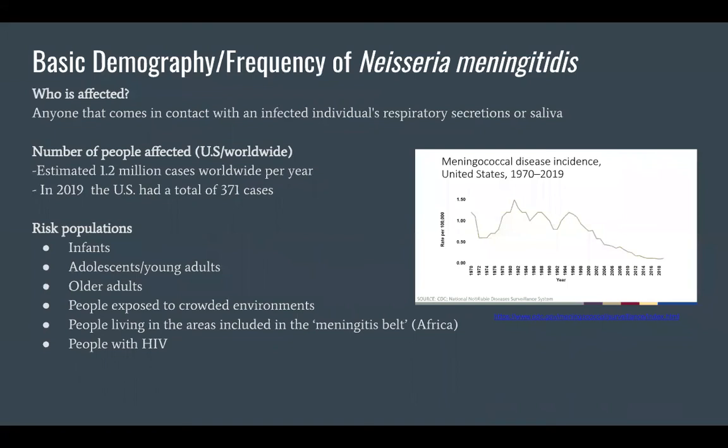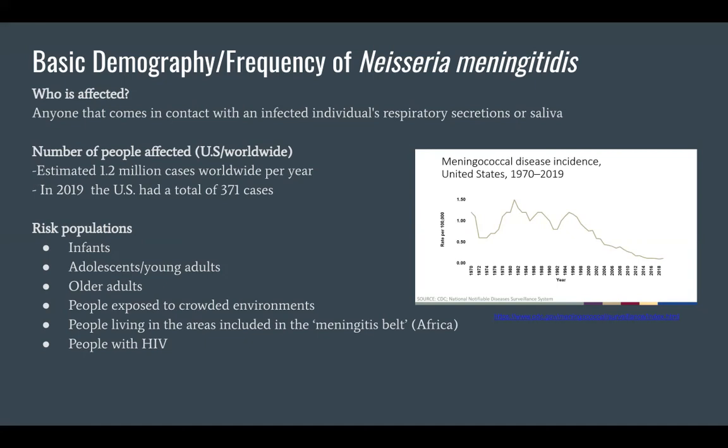Who's infected? Anyone who comes in contact with an infected individual. However, those vaccinated have a lower risk of being infected. It's estimated that 1.2 million cases occur worldwide. On the right, you can see the graph from 1970 to 2019 of infected people with meningitis in the United States.